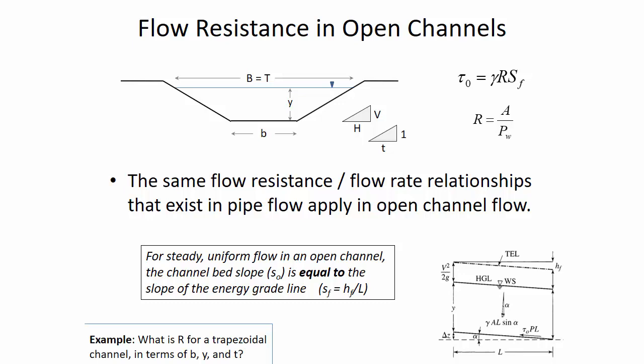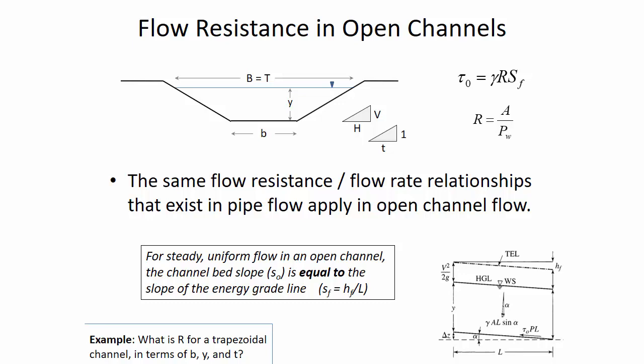Now, eventually you're going to get to the point where you need to calculate things like the geometric parameters here. So hydraulic radius is area divided by wetted perimeter. If you have a trapezoidal channel, the area that we're talking about can be broken up into a couple of different segments.